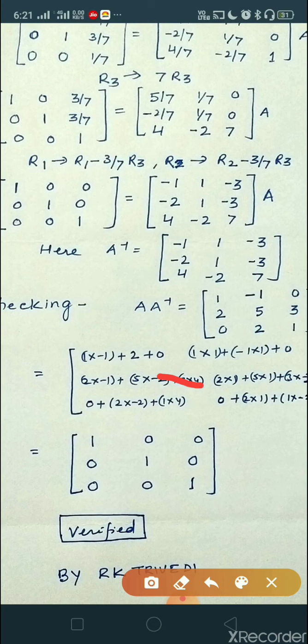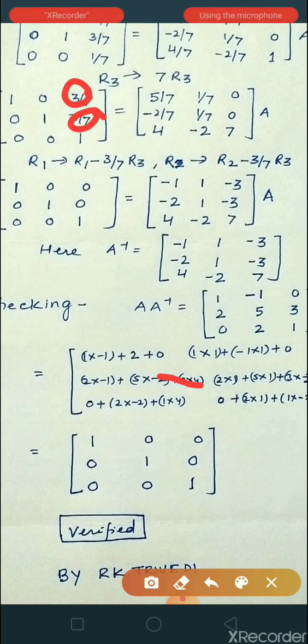Children, we need to only make these two 0, and for this, if we multiply R3 by 3 by 7 and subtract it from R1 and R2, then these two will become 0, and LHS will become the identity matrix.